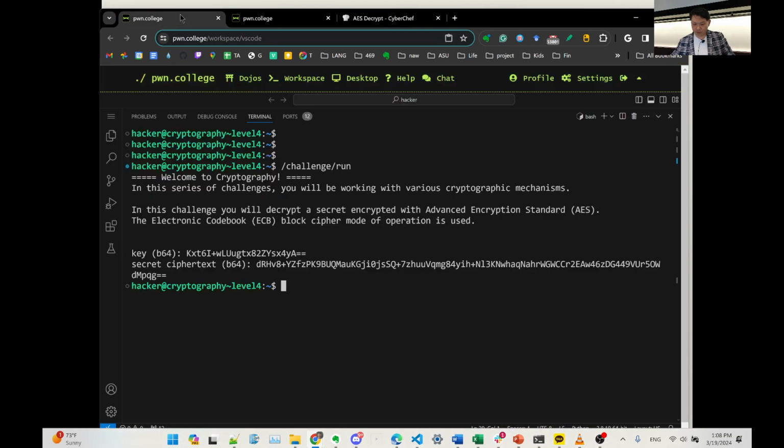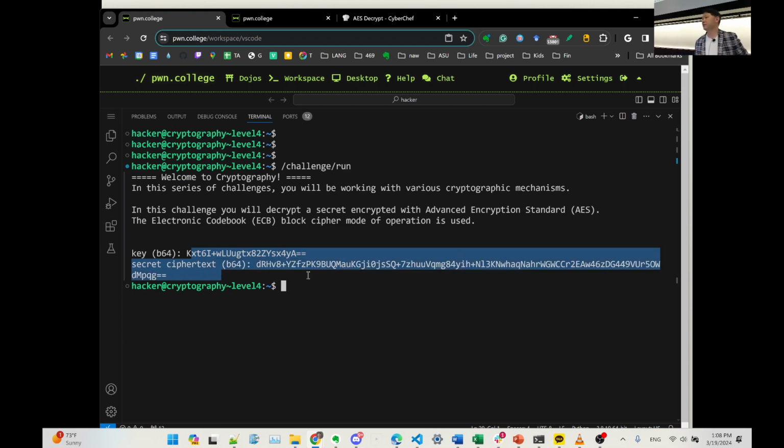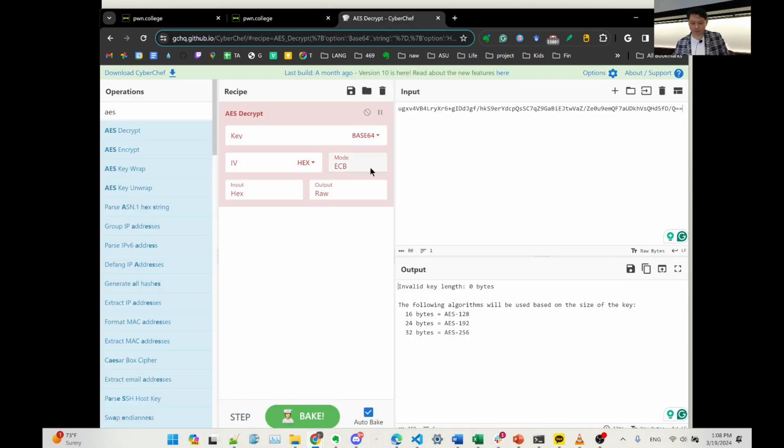Because our challenge is encoded with Base64. So you have to set the Base64 key value and input the key and the ciphertext, and it will show the output, some flags or key values. Okay, so that is my recommendation.